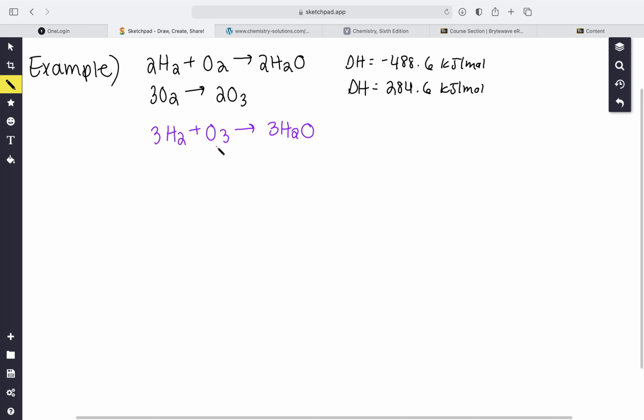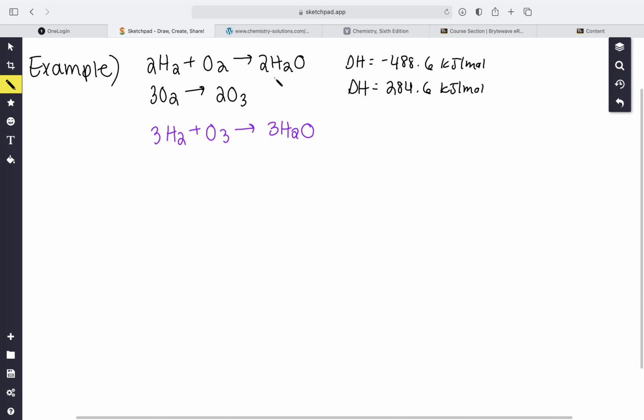Okay, anyways. Looking at the equation that we need, it's 3H2 plus O3 yields H2O. What I can see right here is that the H2 is on the correct side as of now, so I don't think I'm going to have to flip that equation, because there's no H2 over here, and we also have the H2O on that side.